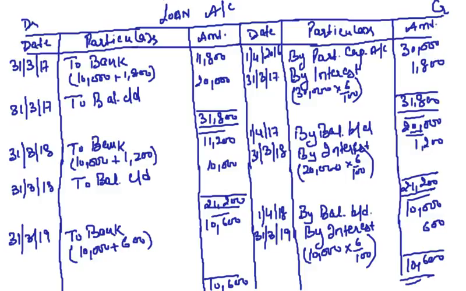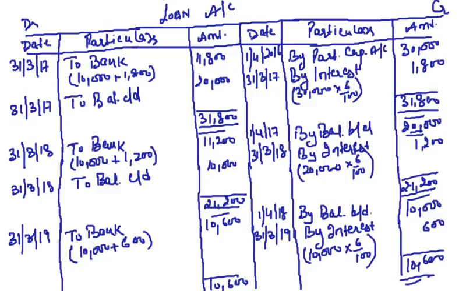You must be clear with all the basic concepts like calculation of new profit sharing ratio, gaining ratio, goodwill, revaluation, reserves. Everything should be on your tips. You should be clear that if information is given about the goodwill, how to treat the goodwill, you should be knowing that.